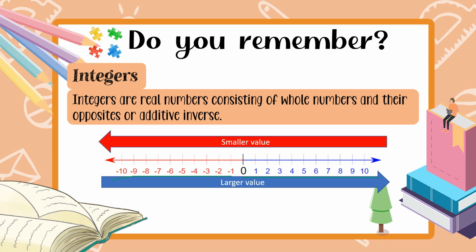Okay, so for example, let us try to compare the values of two integers. Let's have negative 5 and positive 4. So negative 5 is located here and positive 4 is located here.